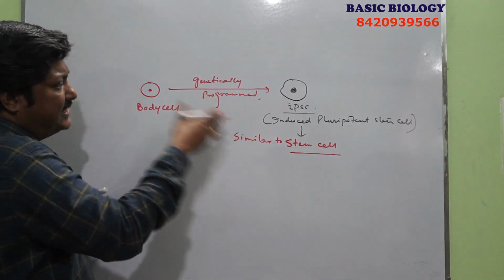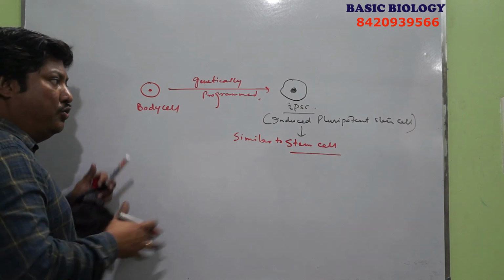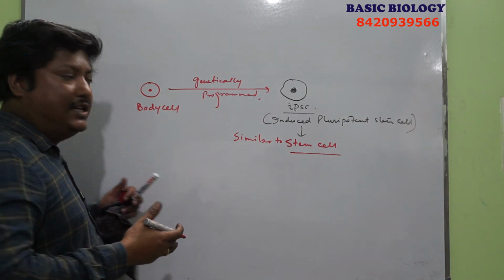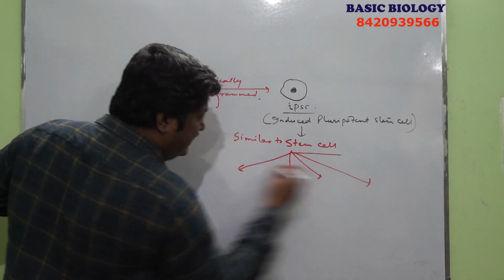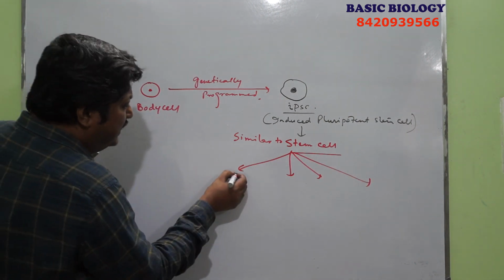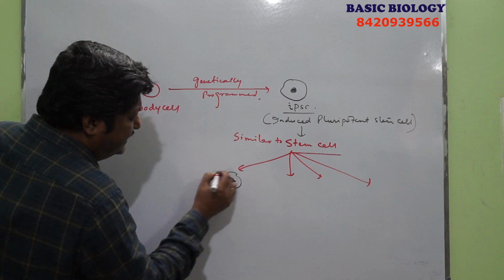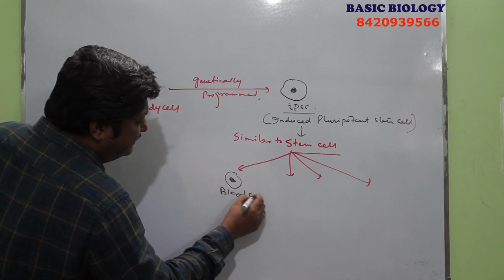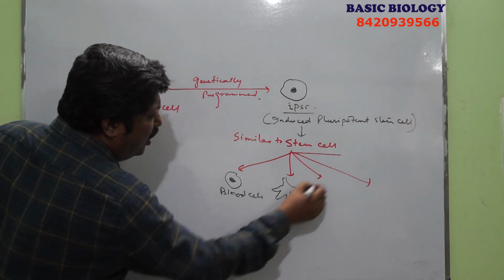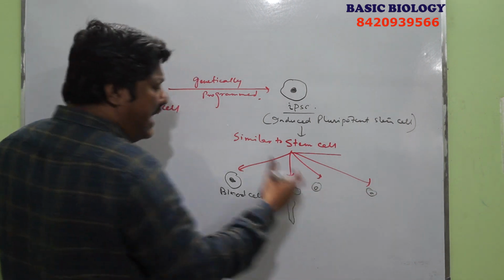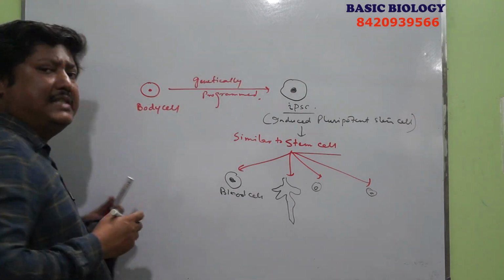So these iPSC can be used to develop different types of cells of our body, say for example the blood cells or the neurons, or different types of cells are formed from these iPSC.